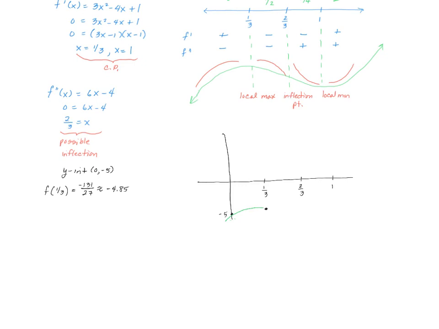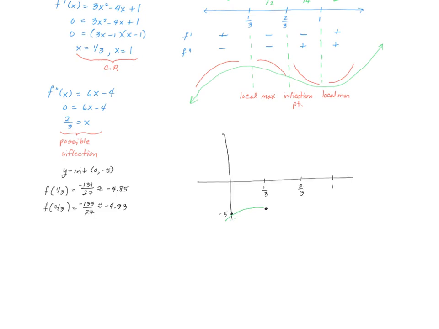And then it's going to come back down, and at 2/3 there's going to be an inflection point. So let's go ahead and figure out what the value of the function at 2/3 is, so I can see where my inflection point is. Again, this is pretty horrible. I got -133 over 27. And that's going to be approximately -4.93.